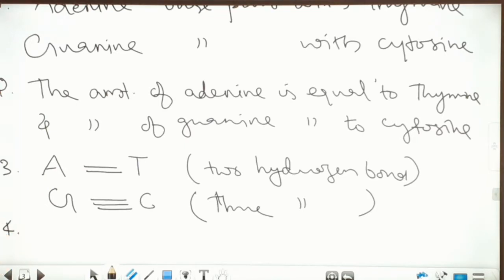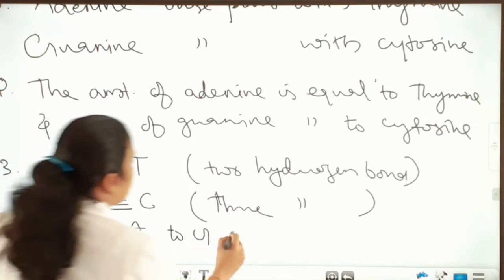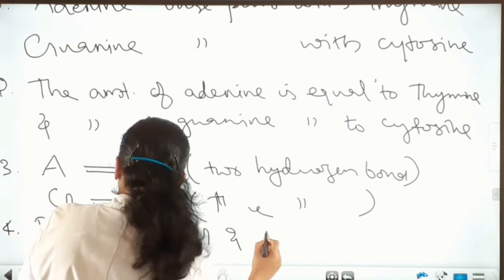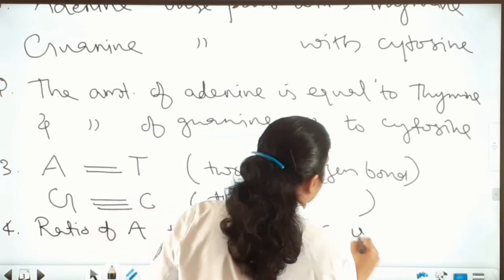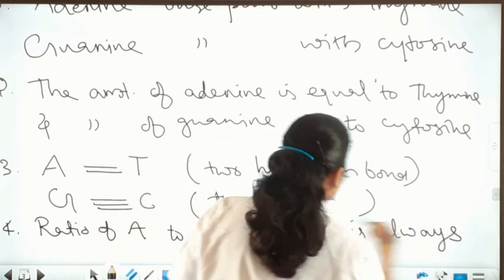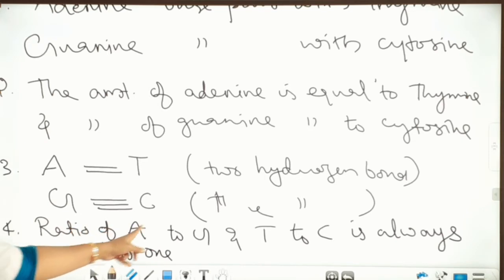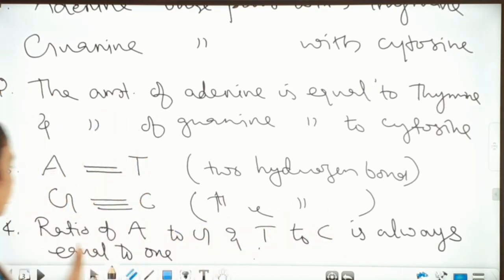And the next point, the ratio of adenine to thymine and of guanine to cytosine is always equal to 1.